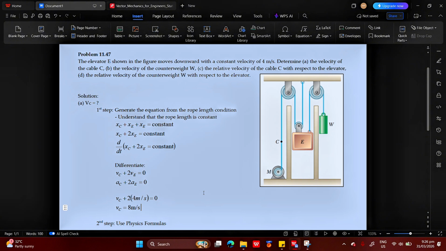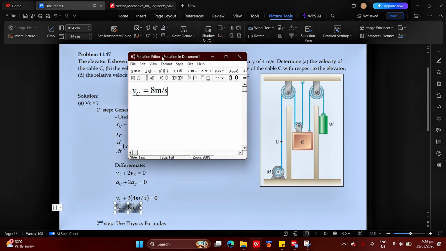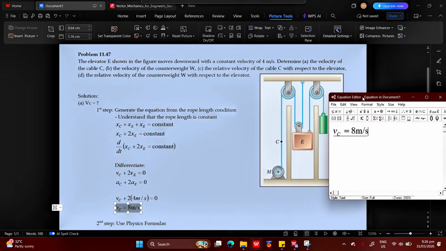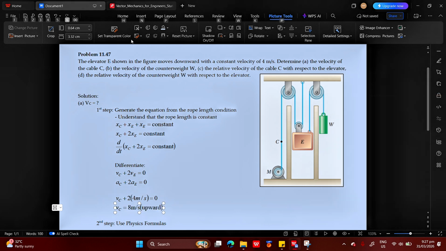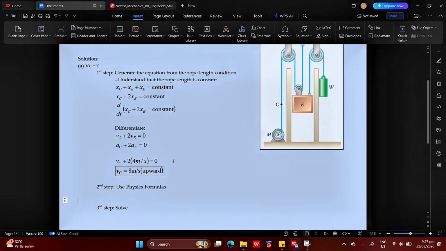But I will not put a negative sign because it's just an indication of the direction. As you can see, if E is going downward, that means that 4 meters per second is positive if it is going downward. But if it is going upwards, then our sign is negative. I'm just going to put here upward. That's the answer.